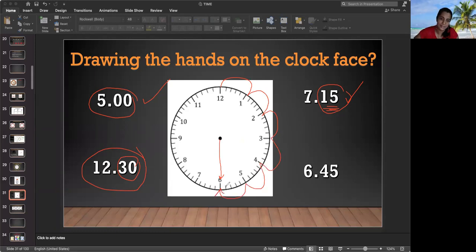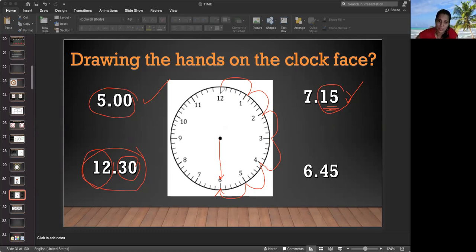So exactly at 6, there's 30 minutes, half of the hour, half an hour. But earlier it was 12 o'clock, so the short needle would have been here earlier, but it wouldn't make sense for you to still draw it pointing to 12 because 30 minutes have really passed. So it's almost like half the hour has gone.